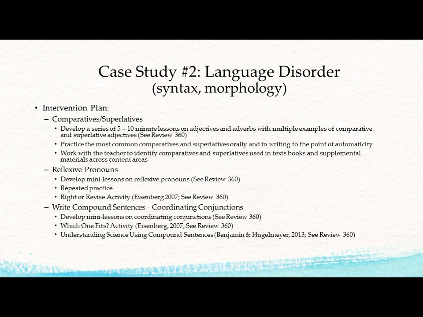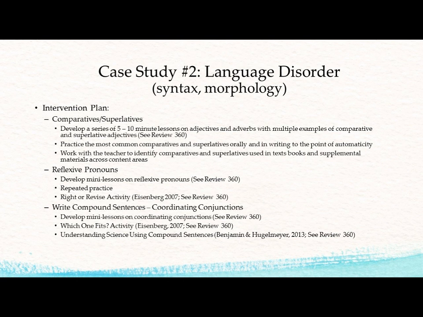So you may use the same content area, you may use a social studies lesson, you may use expository text or narrative, a story to work on comparatives and superlatives. Just make sure that what you're working on in terms of the extended practice is on grade level.